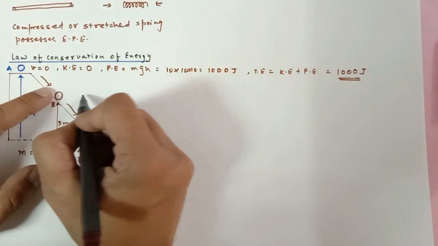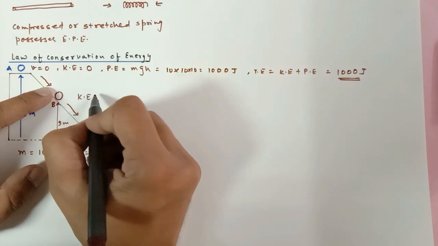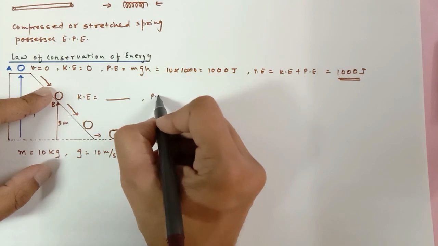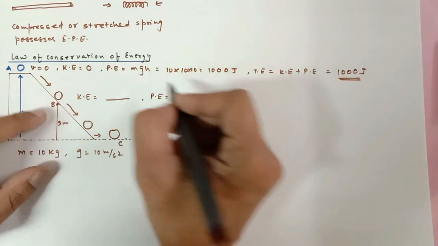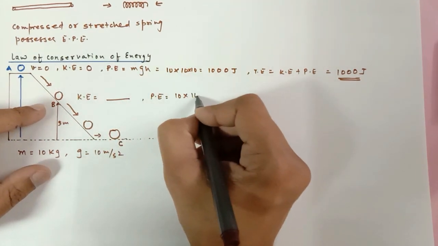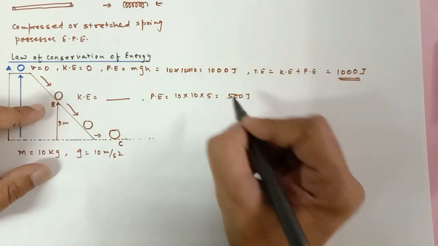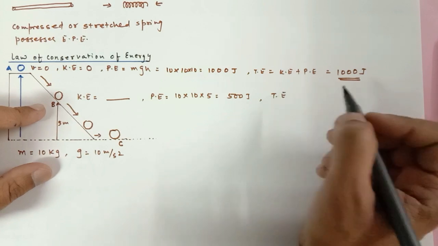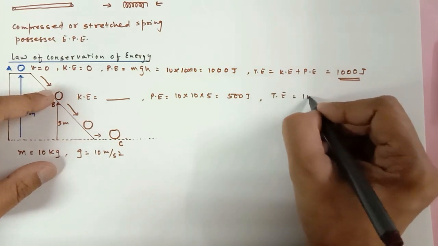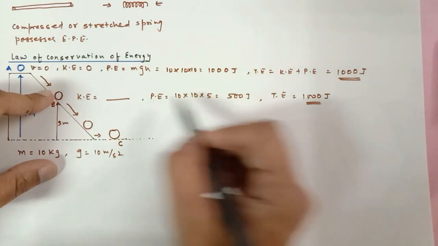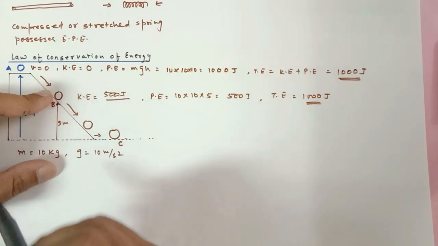I don't know the speed, so I don't know the kinetic energy of the ball, but I do know that potential energy is equal to mgh. M is 10, g is 10, h is 5, that is 500 joule. But the total energy again at point B is 1000 joule as per the law of conservation of energy. So if 500 is potential, then the rest 500 has to be the kinetic.